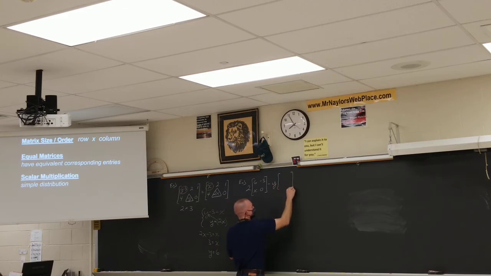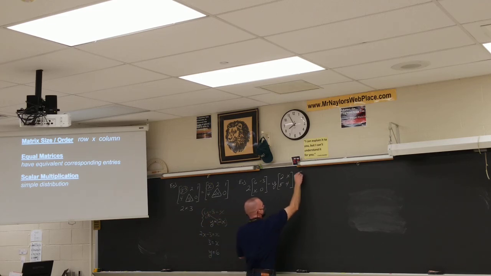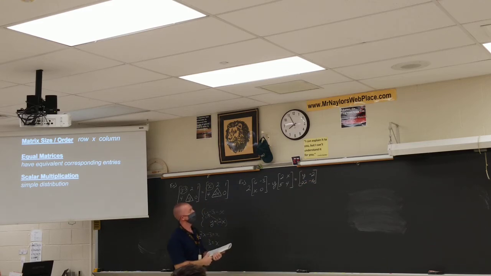So there's a subtraction of a y with a 2x, a 2 and an x, a 5 and a 4. And it'll equal one more matrix here with a y, a negative 2, a negative 22, and a negative 16.